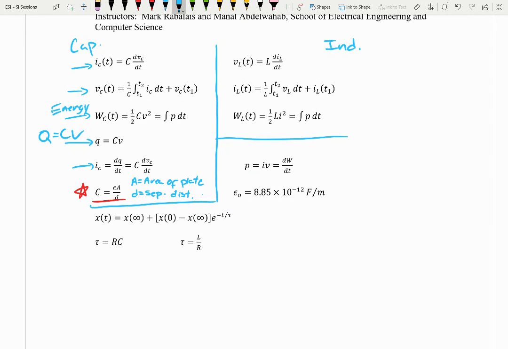And that weird little epsilon value there, this is known as the dielectric constant. Okay. So you're going to need this value in order to solve the problem that we have in this SI and potentially on the exam.